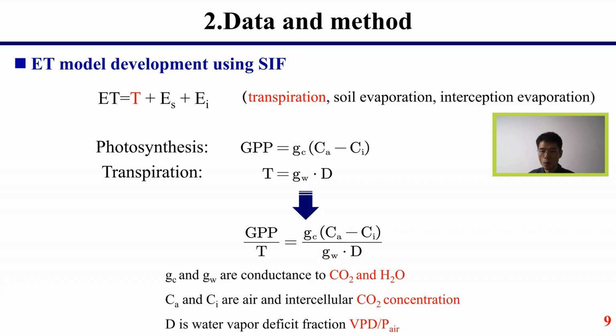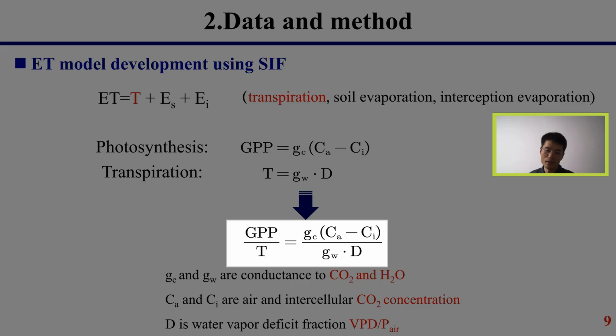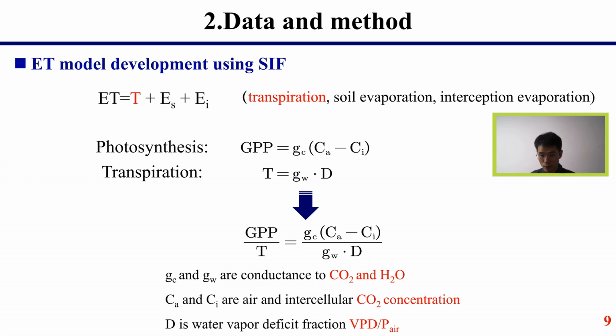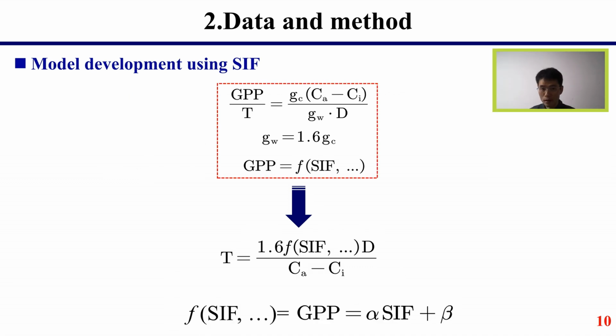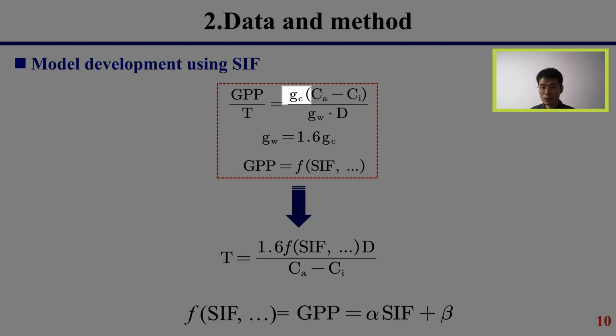So we have these two equations, and we put them together, and then we have GPP, basically the photosynthesis over the canopy, over transpiration, and it equals these two components.